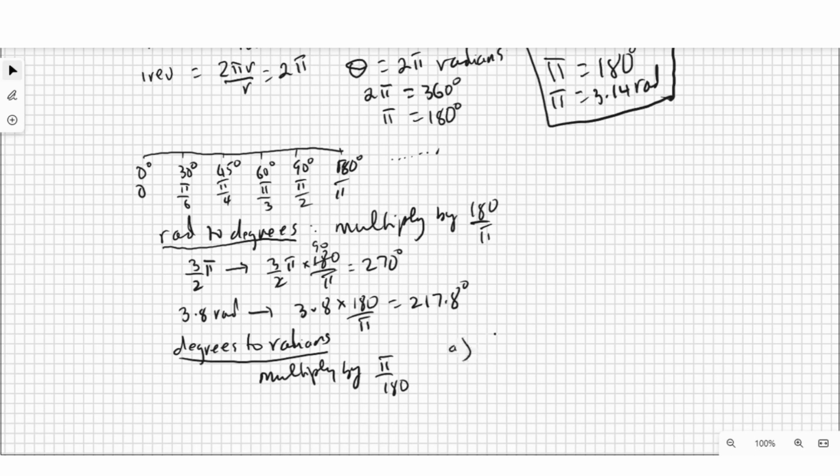Okay, let's say I have 150 degrees. 150 degrees will be 150 times pi over 180, which is equal to 5 over 6 pi. It doesn't matter if they are exact or not. They can be 42 degrees. It will be 42 times pi over 180, and I do the calculation.